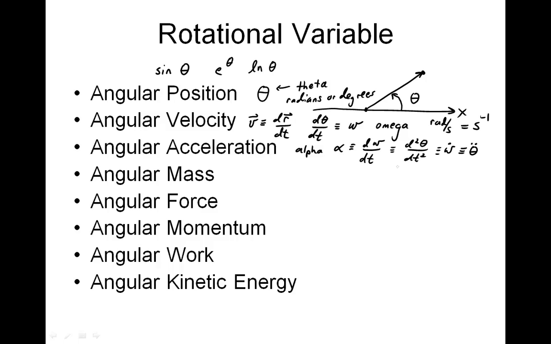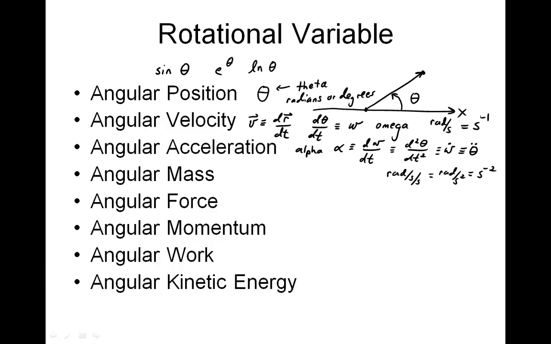And again, this is going to have units, and those units are going to be radians per second squared, or just seconds to the -2. Those will all be equally used. They all mean the same thing. It's how fast is angular speed increasing or decreasing.